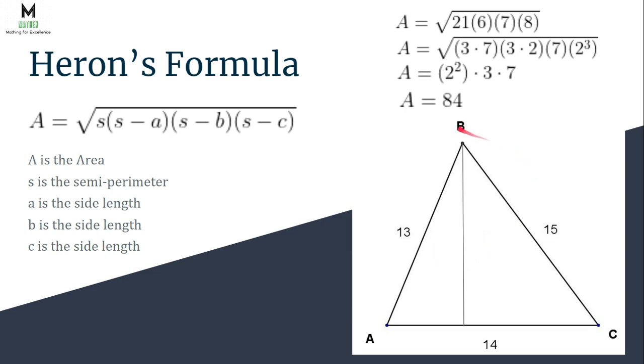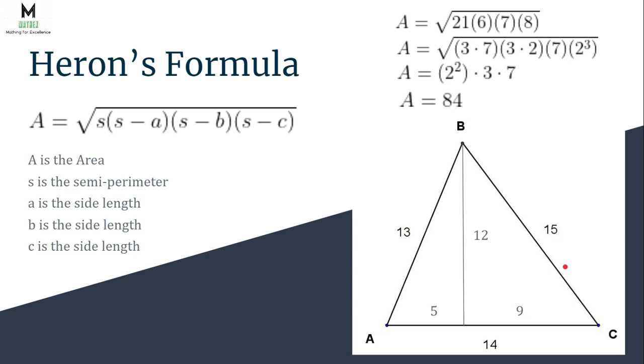If we drop an altitude from B to the opposite side AC, we see that that altitude must have a length of 12. Because then it would break up the opposite side into a segment of 9 and 5. And this 5 and this 9 would add up to 14, making 12 the height. This shows that this 13, 14, 15 triangle is also a combination of two well-known Pythagorean triangles with Pythagorean triplet lengths of 5, 12, and 13, and 9, 12, and 15.